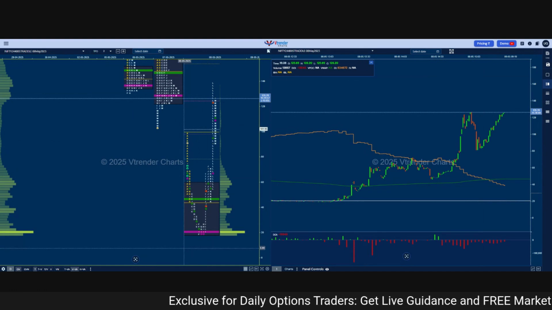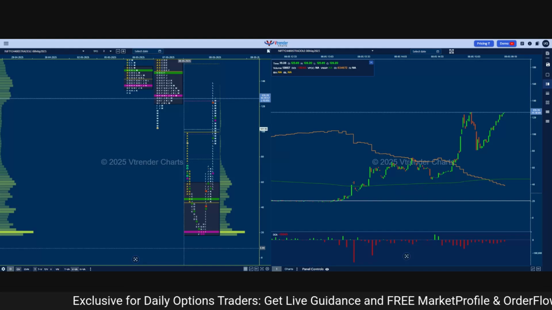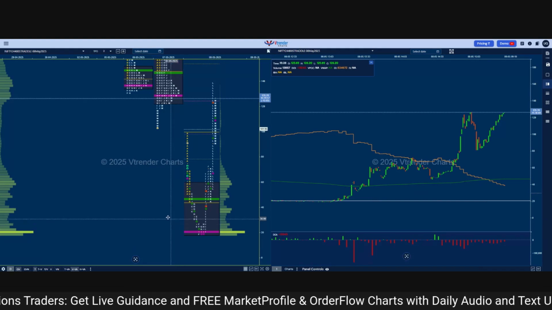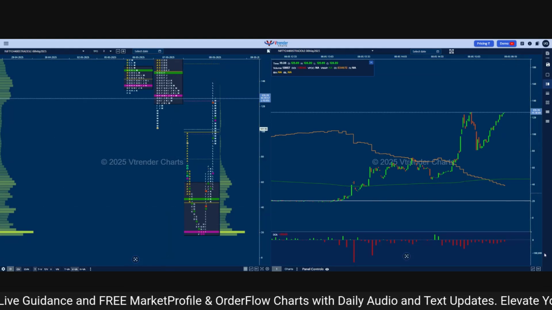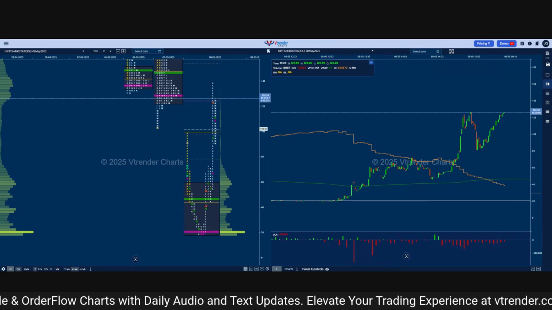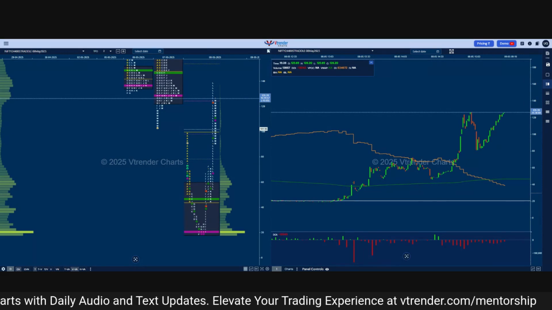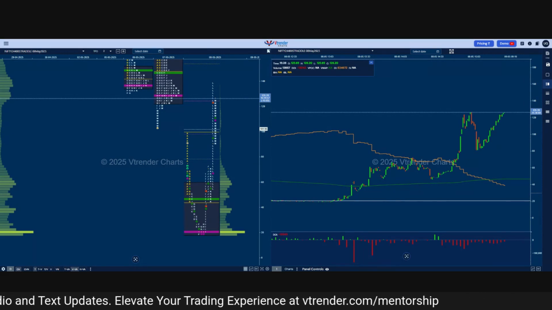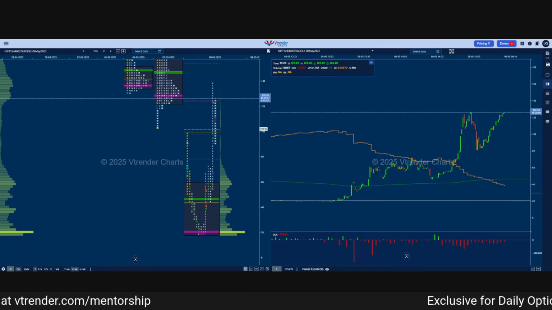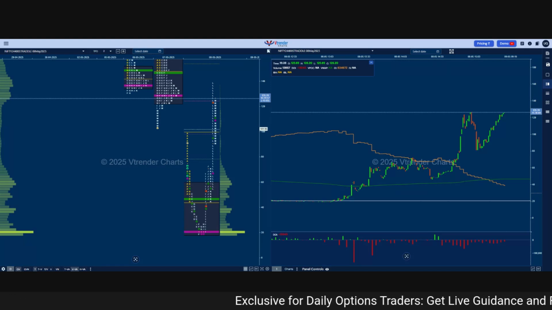So that is the reason Shai keeps mentioning that markets are changing, markets are getting faster, we need to be in sync. And what helps us to be in sync is the features, the tools which we have at our disposal. We only need to make sure we are using them all, because it has come to our notice that most of the VTrender chart users don't even use 30% of the features which are available, which is why we are using these sessions to educate, to show you what all is there and what all you can make use of.